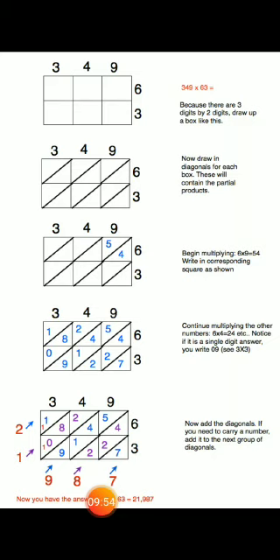Again you will write 1 here, and 1 will be carried to the next diagonal, which will give 1 plus 1, 2. Then the product of 349 into 63 is equal to 21,987.